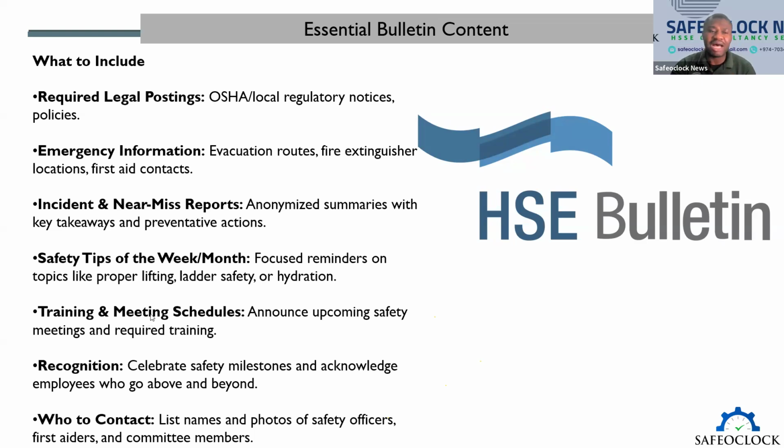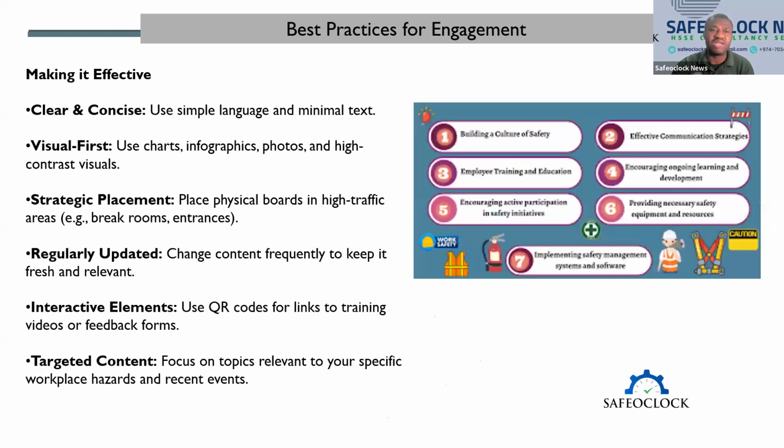Trainings and other announcements can also be published in the safety bulletin. Recognitions: if people have been given safety awards or safety recognitions, we can incorporate that into our safety bulletin to help to motivate others. Okay, so this can be contained in the safety bulletin.